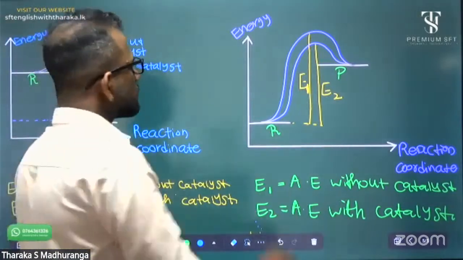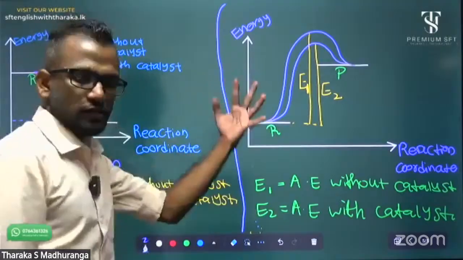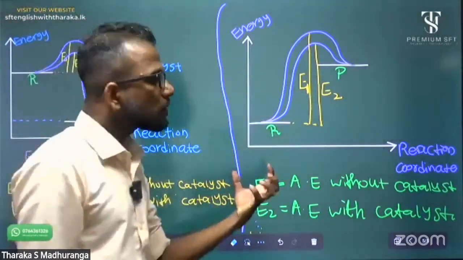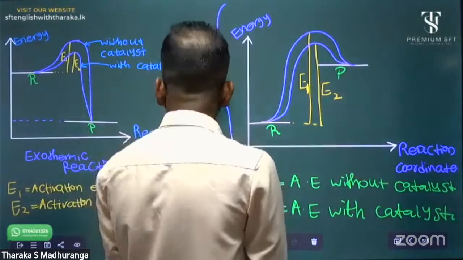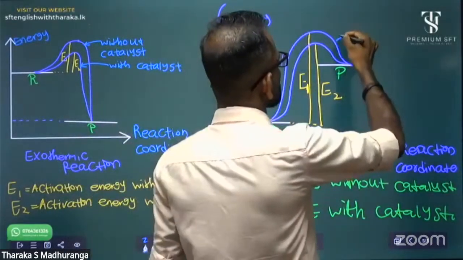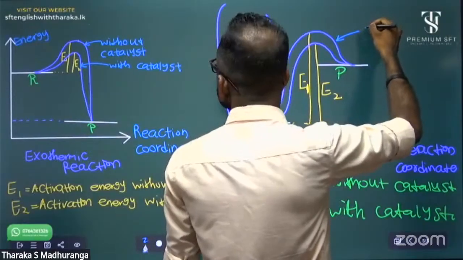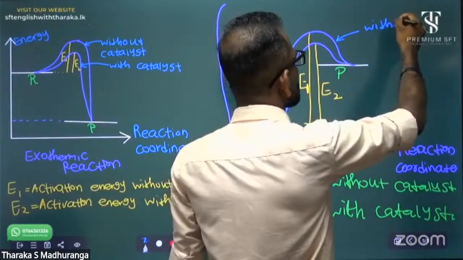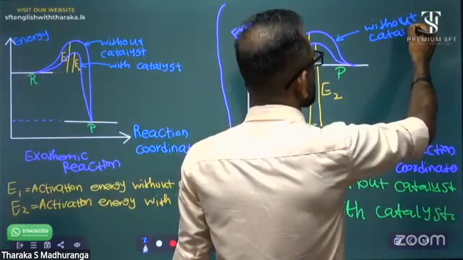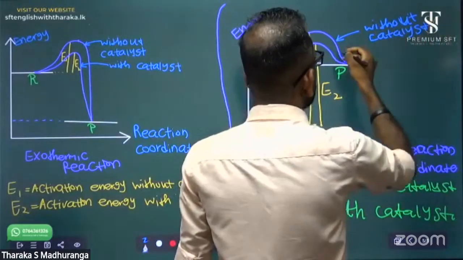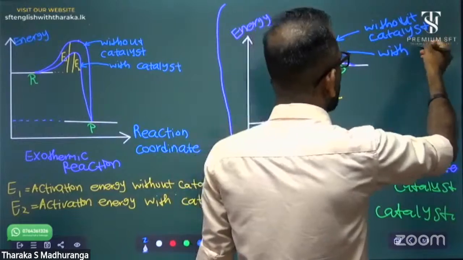Okay, are you clear? These are the changes of reactions due to adding catalyst. May අපි මෙතන ලිව්වේ activation, sorry, the path without catalyst. This is for with catalyst. The path with catalyst.